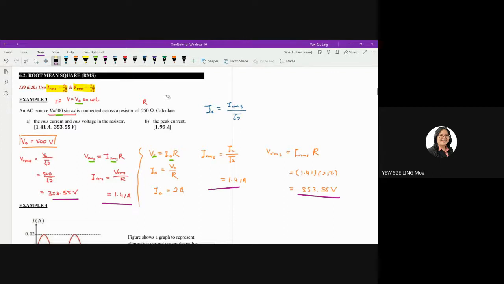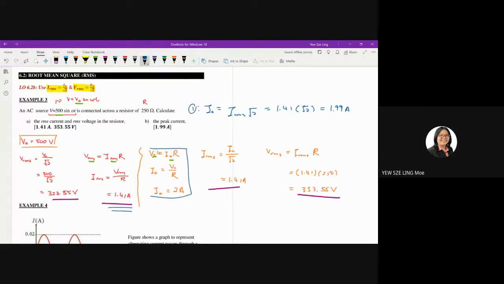Oh, sorry, not divide, it should be times. You can calculate it from question A's red colored solution. So it is equal to 1.41 times root 2, which is equal to 1.99 ampere. This is method 1.